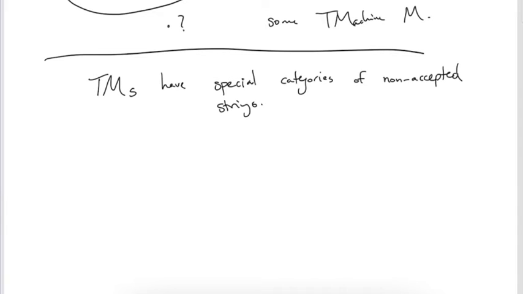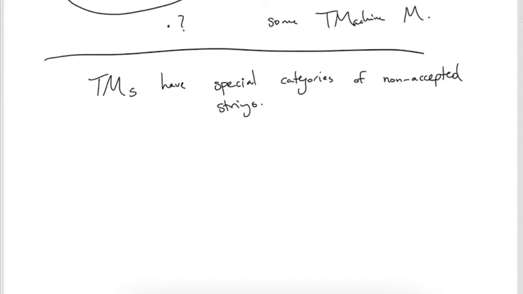I don't know if anybody ever noticed this. Actually, one person on your test, on the Turing machine question, gave a weird Turing machine, which was not a correct answer to the question. It was so weird that it displayed some of the behavior that I'm about to describe here. Special categories of non-accepted strings.